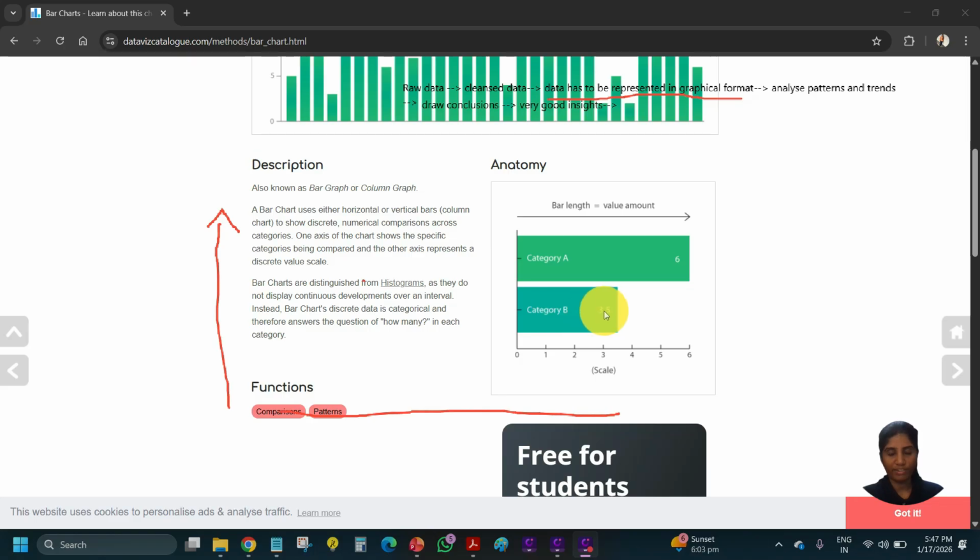Category A has 3.5 billion in sales, and category B has 6 billion. This shows it in a graphical format.